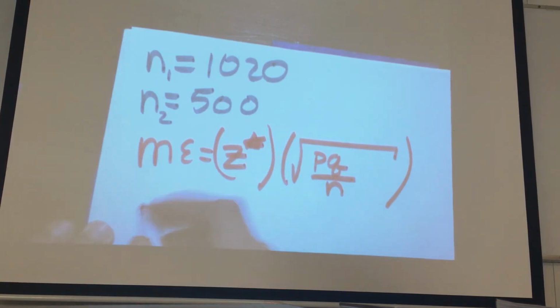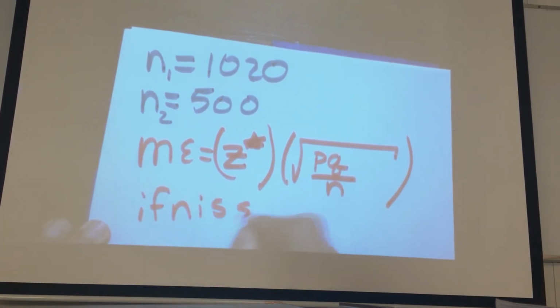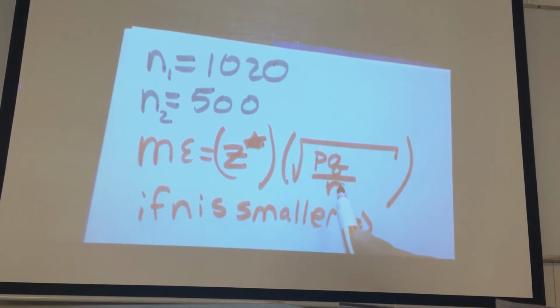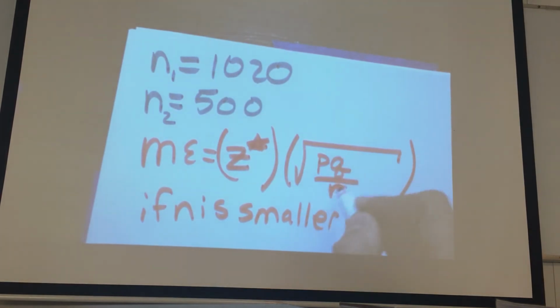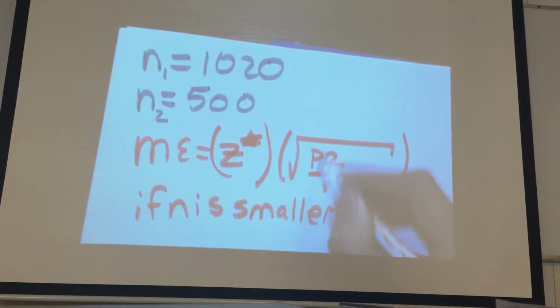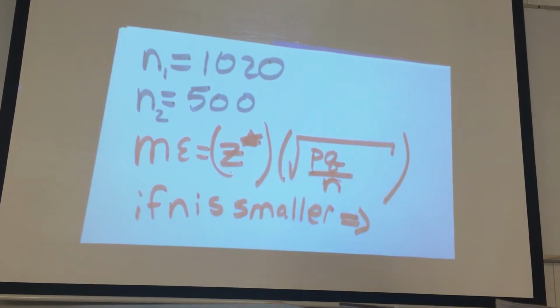So let's look. If n is smaller, then what happens? Well, if n is smaller, this denominator is smaller, which means this fraction is bigger, which means the square root of a bigger number is bigger than it was before, which means the margin of error goes up or down. If n goes down, the fraction gets bigger, so this multiplied by a bigger number must be bigger than it was before.